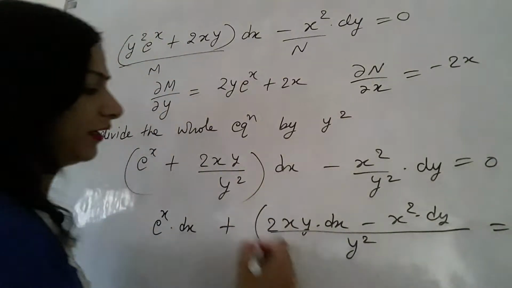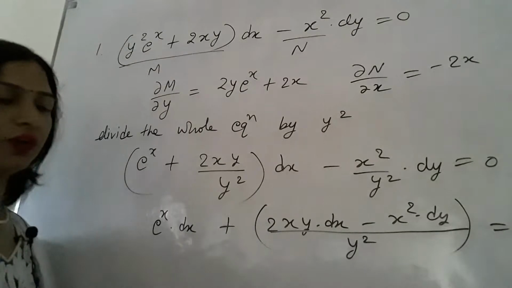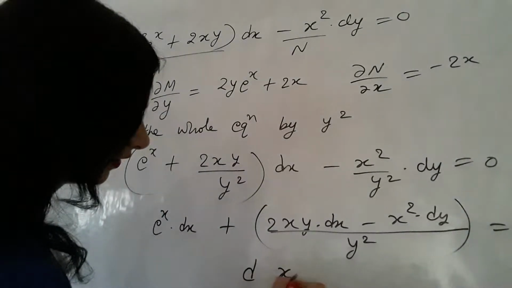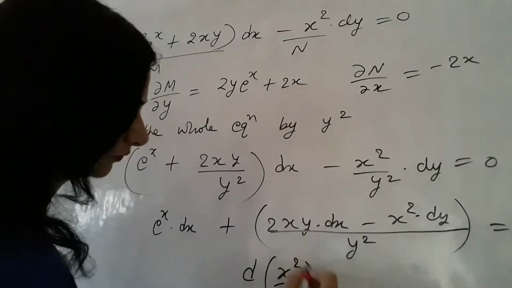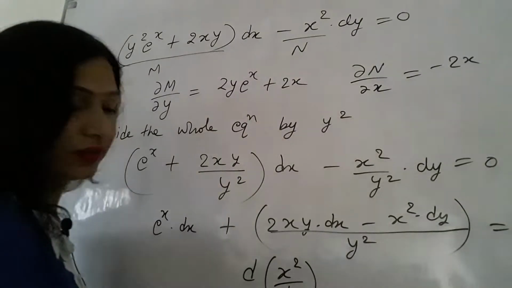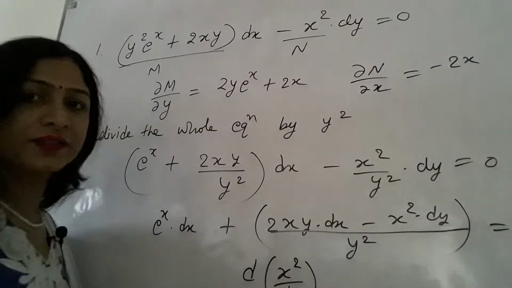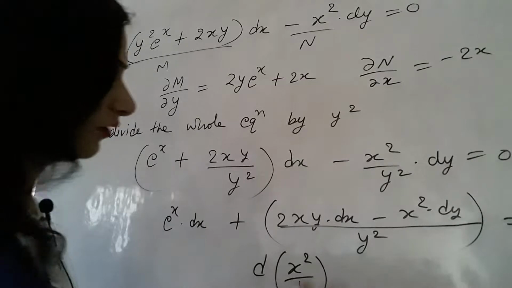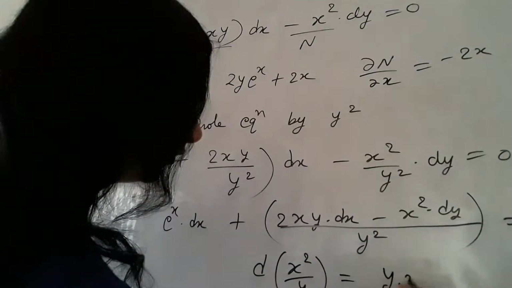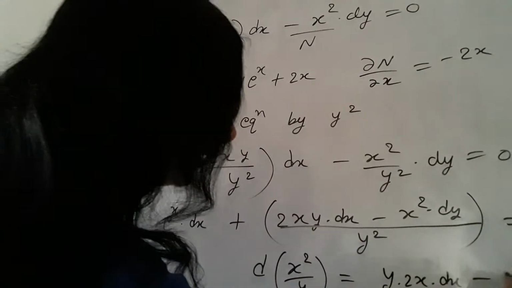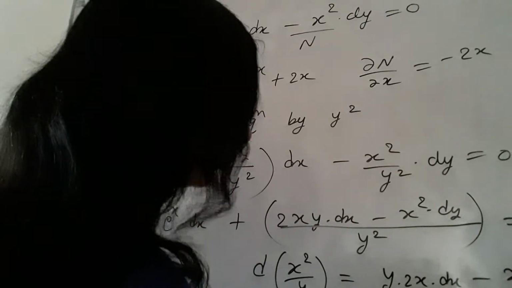Here we see that it is the differentiation of x square upon y. As we get, y into 2x when we differentiate it, we get y into 2x dx minus x square into dy upon y square.